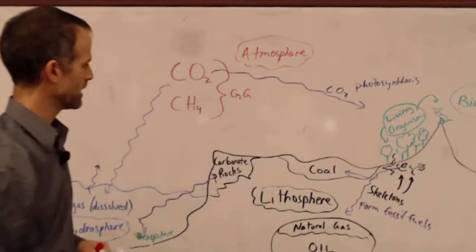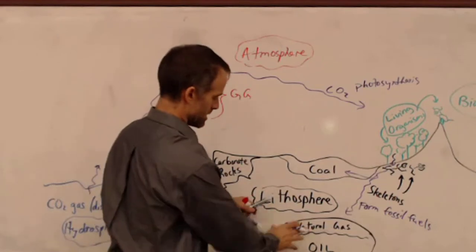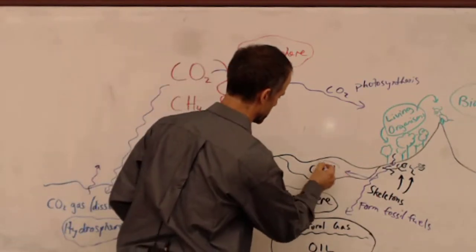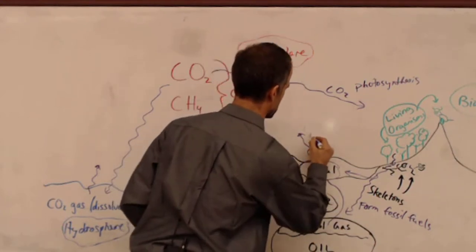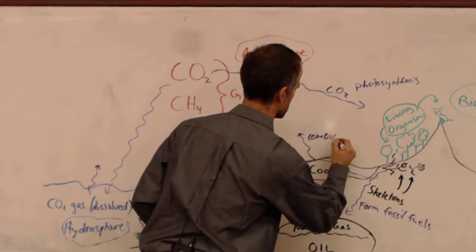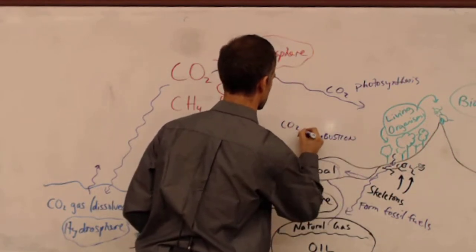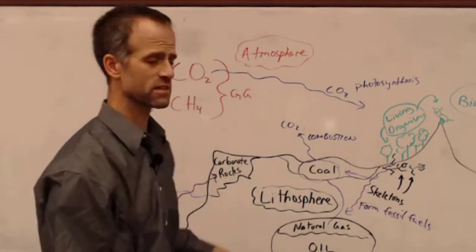How does carbon go from fossil fuels to the atmosphere? Well, that unfortunately is mostly us, humans, and combustion. When we burn those fossil fuels, the carbon that was stored as fossil fuels gets released into the atmosphere.